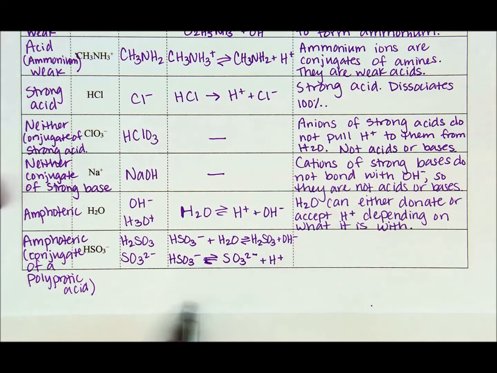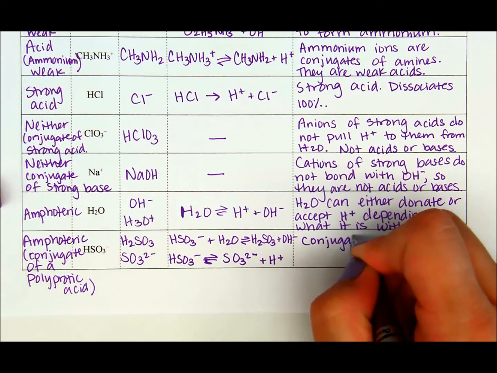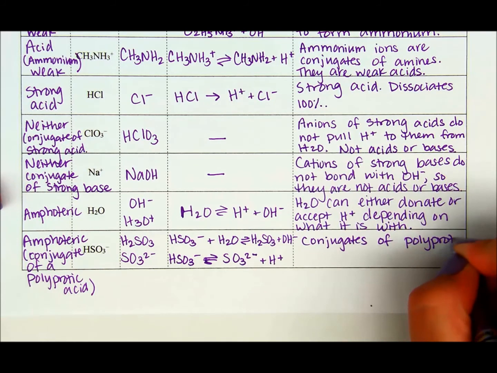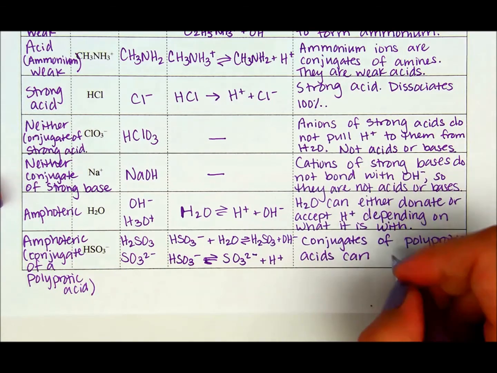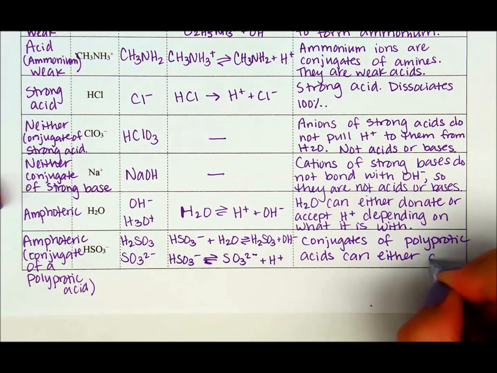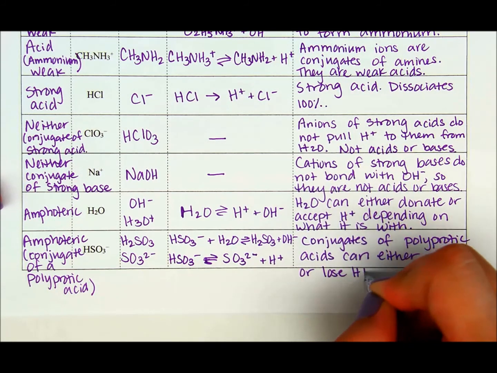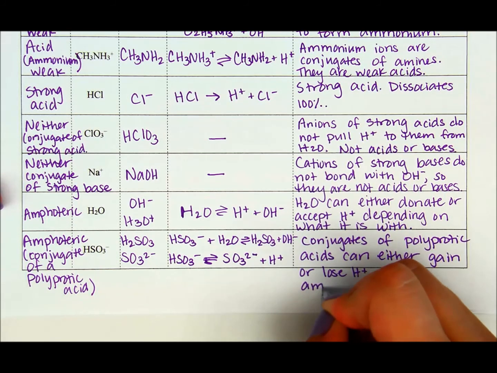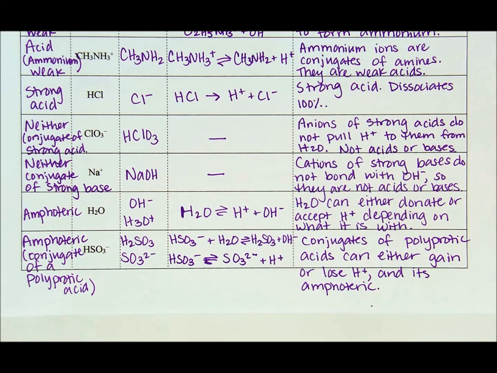So our notes for this, conjugates of polyprotic acids can either gain or lose hydrogen ions, therefore it's amphoteric. Alright, that is the end of video 4.1.2.